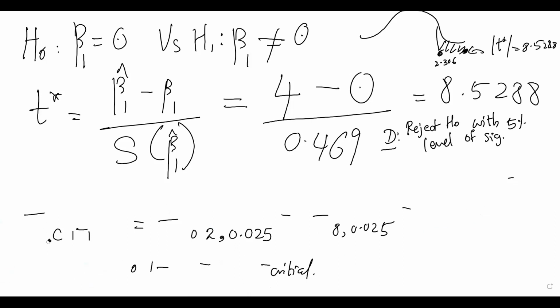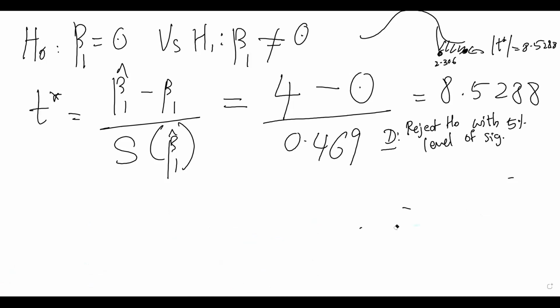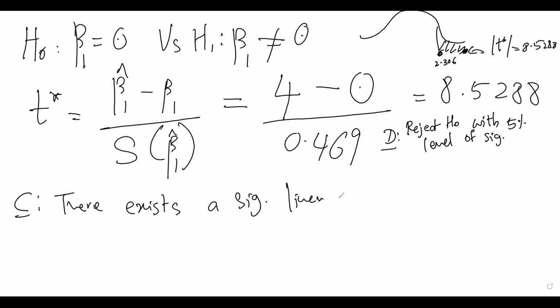I'll quickly erase it and write. This is the end. So it's very important not to use any technical term in forming the conclusion or the interpretation, right? It must be in plain language. Plain language, remember that. The conclusion is what? Take it from the question itself, right? There exists a significant linear relationship between the number of ampules broken and the number of times the cartons were transferred from one aircraft to another over the shipment route.